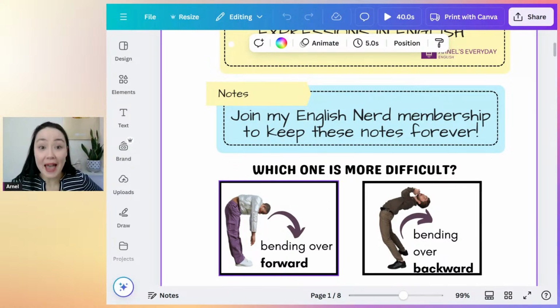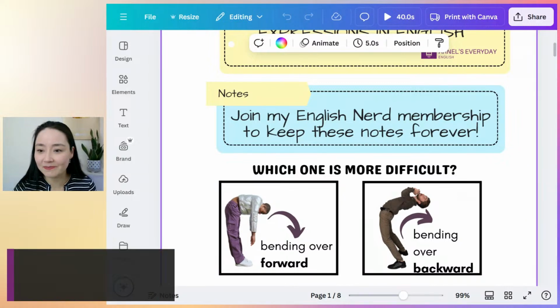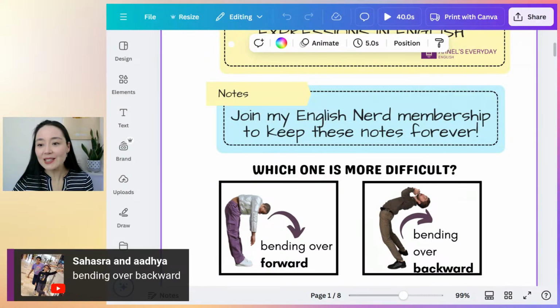So I think we can all agree that bending over backward is a lot more difficult, right? Bending over forward, that's usually a little bit easier.